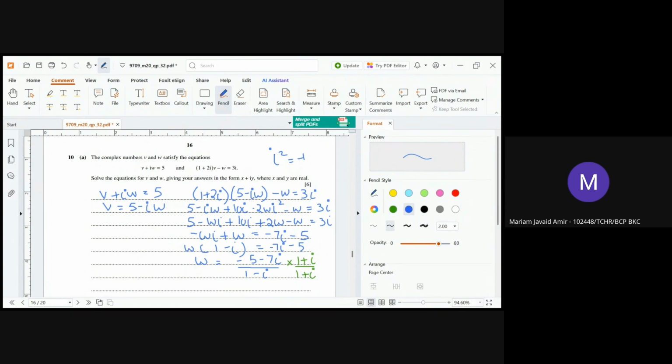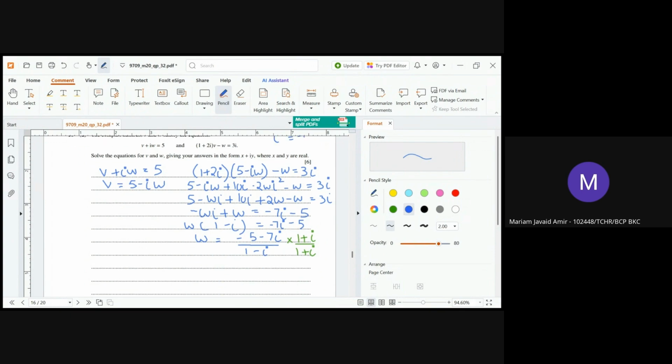Okay. Simplifying this will give us the value of w. So the denominator becomes a squared minus b squared. Numerator becomes minus 5 iota minus 7 iota, then minus 7 iota squared.